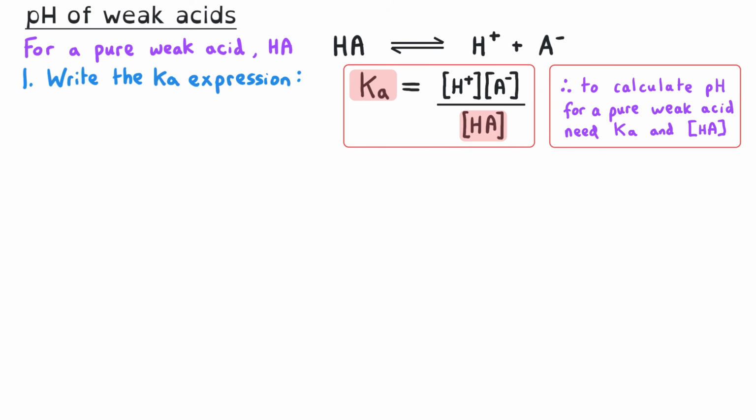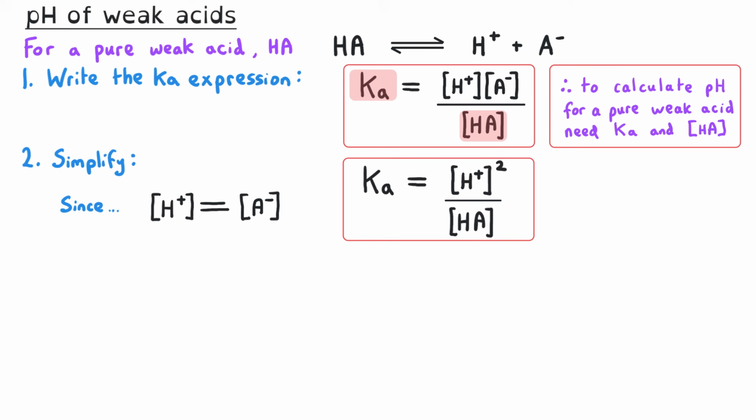Remember, if you'd been asked to write the Ka expression for a named acid, you wouldn't use HA, you'd use the formula of that weak acid and of its conjugate base. And then we need to simplify this expression, recognizing that the hydrogen ion concentration is the same as the A- concentration, and that gives us this simplified Ka expression with the H+ concentration squared on the top.